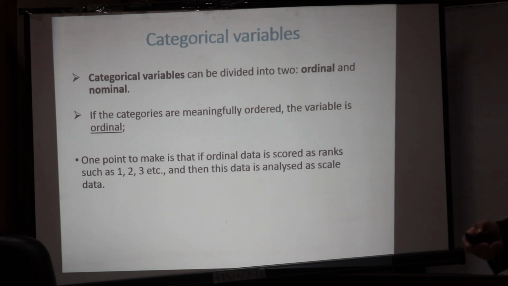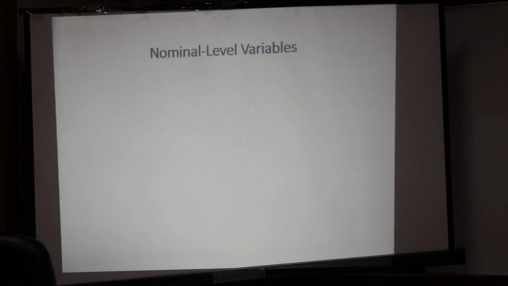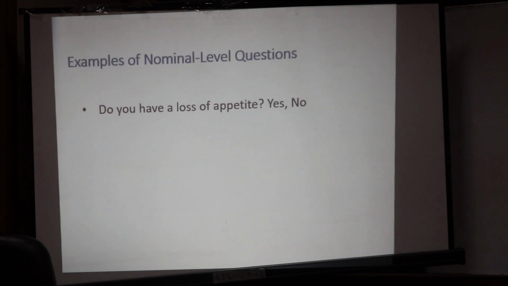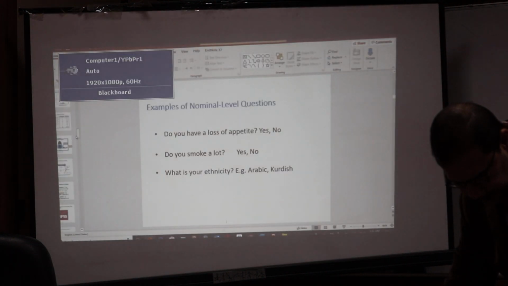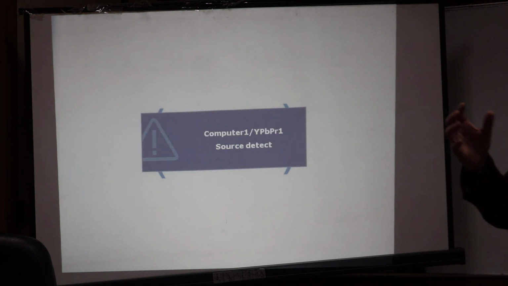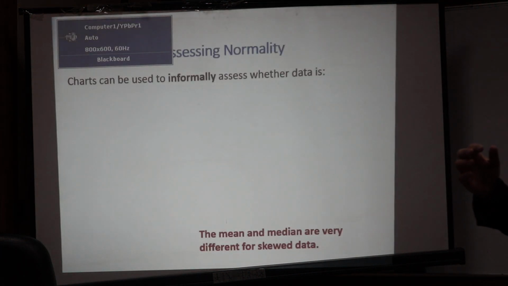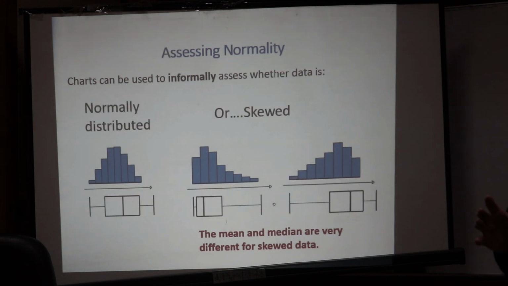So first of all, we need to understand our data, then we decide which kind of test. The test depends on our data. Also, we mentioned something about the normality test. We mentioned that if our data are not normally distributed, we may not be able to use parametric tests.